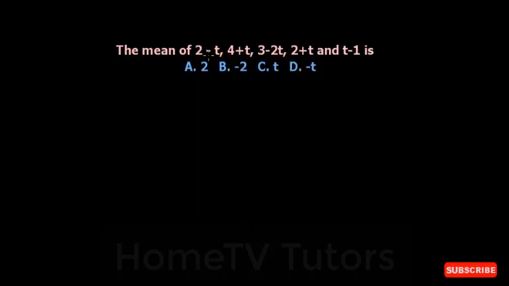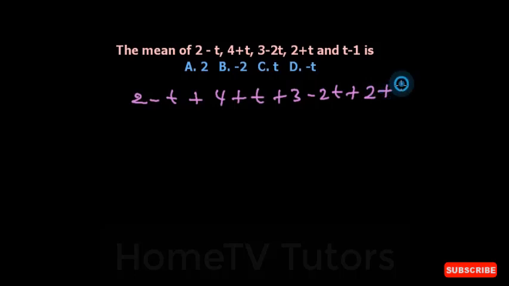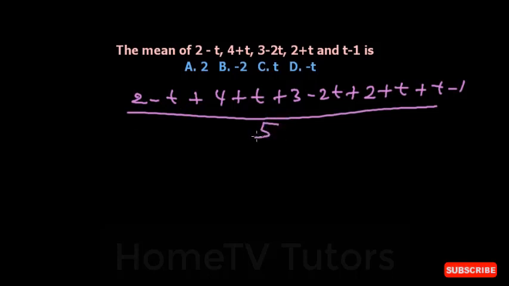The mean of 2 minus t, 4 plus t, 3 minus 2t, 2 plus t, and t minus 1 is, we add everything up. I think we have 1, 2, 3, 4, 5. So we have 2 minus t plus 4 plus t plus 3 minus 2t plus 2 plus t plus t minus 1, all over 5.